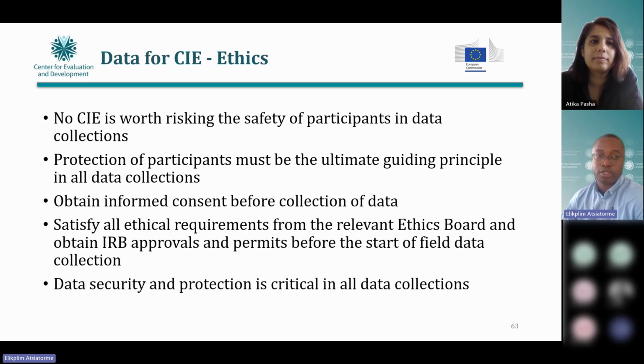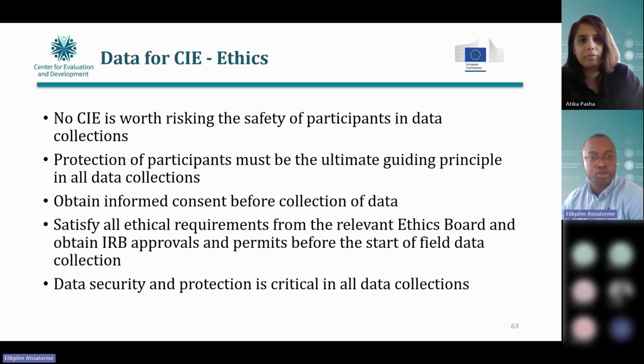And this is something that we indicated as really critical, that you get the informed consent of participants or respondents before administering questionnaires to them. And also the importance of obtaining ethical clearance based on the different rules or laws that exist in different areas or jurisdictions.